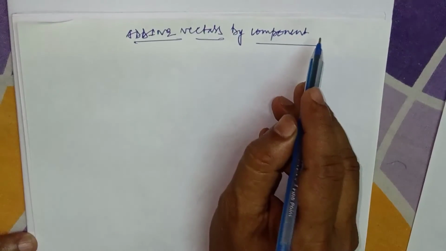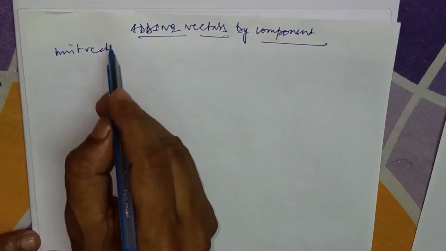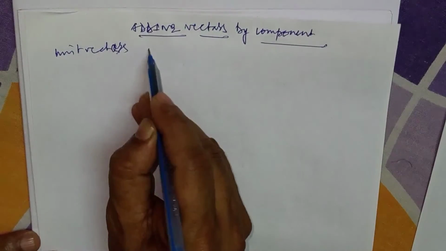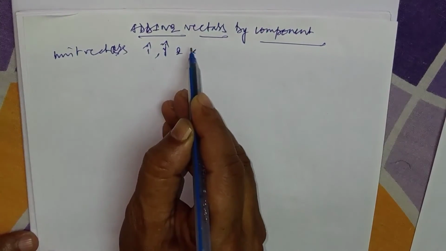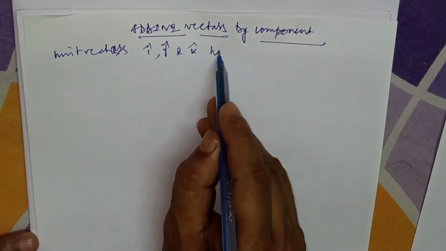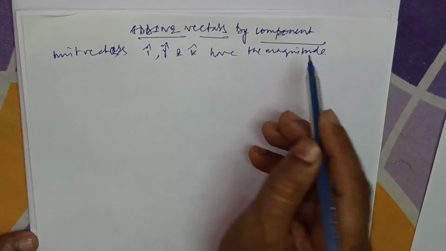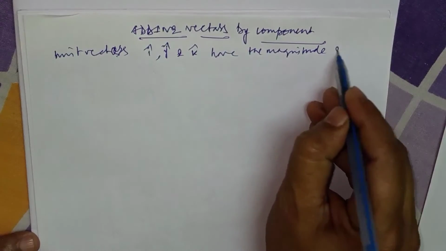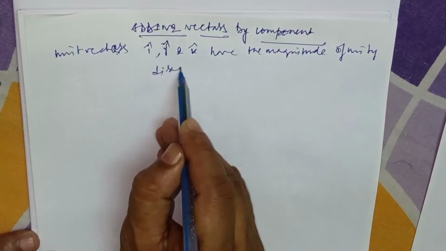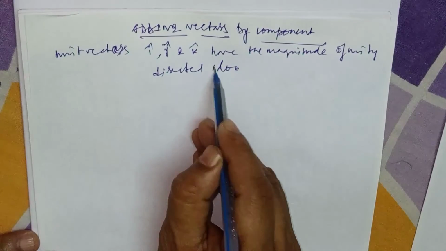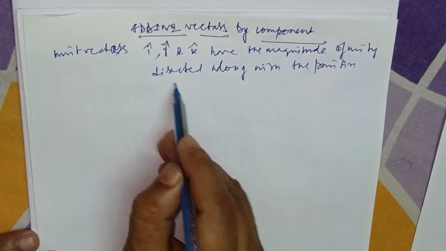Unit vectors i, j and k have the magnitude of unity, obviously, and are directed along the positive directions.